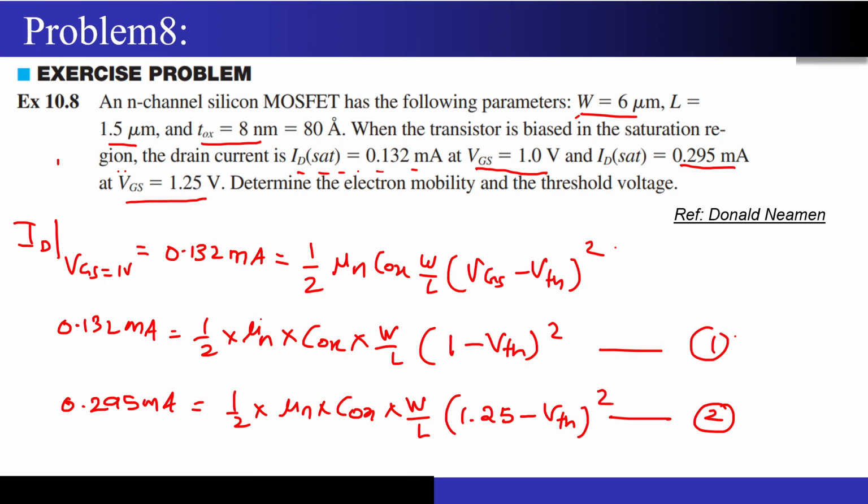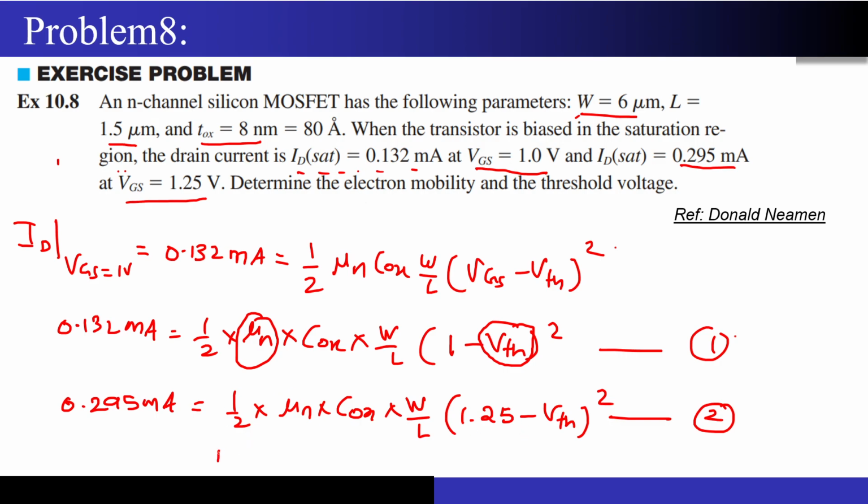Now we have to find mu n and VTH. First of all, to find VTH, I have to solve these two equations. How to do that? If I just divide these two equations, everything will get cancelled. I will be left with (1 minus VTH) the whole square upon (1.25 minus VTH) the whole square, right?